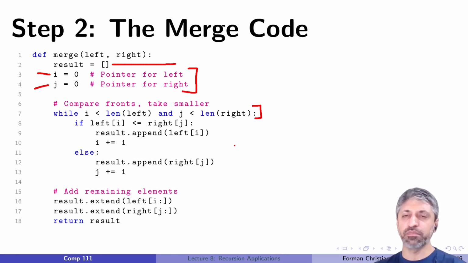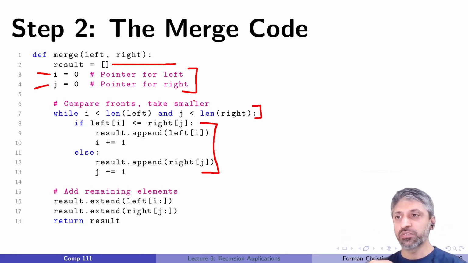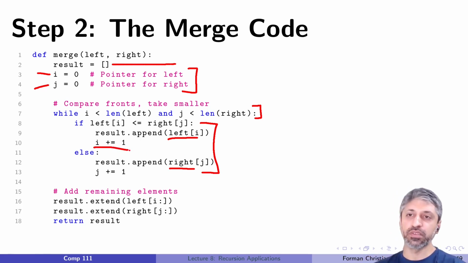Inside, on lines 8 through 12, we compare the left item under the pointer and the right item under the pointer, and check which one is smaller. If the left one is smaller, we append that into the result. If the right one is smaller, we append that into the result and increment its index, essentially. And we keep going, doing that in a loop.